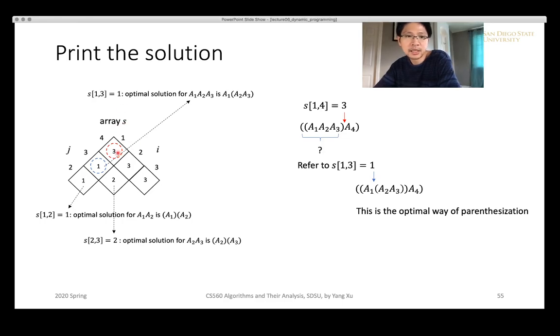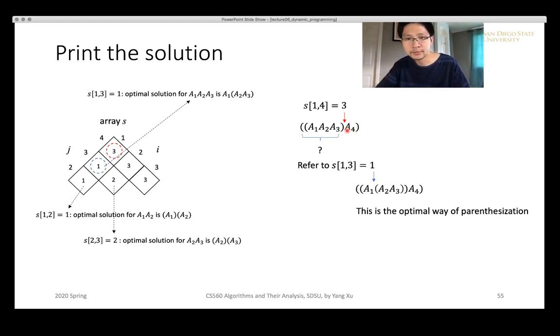Okay, so S array tells us where the k is to solve that particular subproblem, in that particular size of subproblem. So the S14 here, it's 3, right? So it basically says that in order to solve A1 times A2 times A3 times A4, we need to put the k here, right? We need to put A1 to A3 into the parentheses.